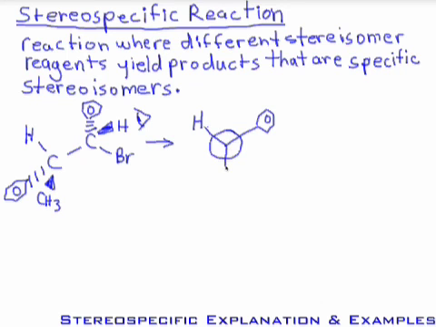And then coming down I would have a Br. In the carbon behind, on the right, I have a phenyl. I have the CH3 here. And I have, coming up, the H.